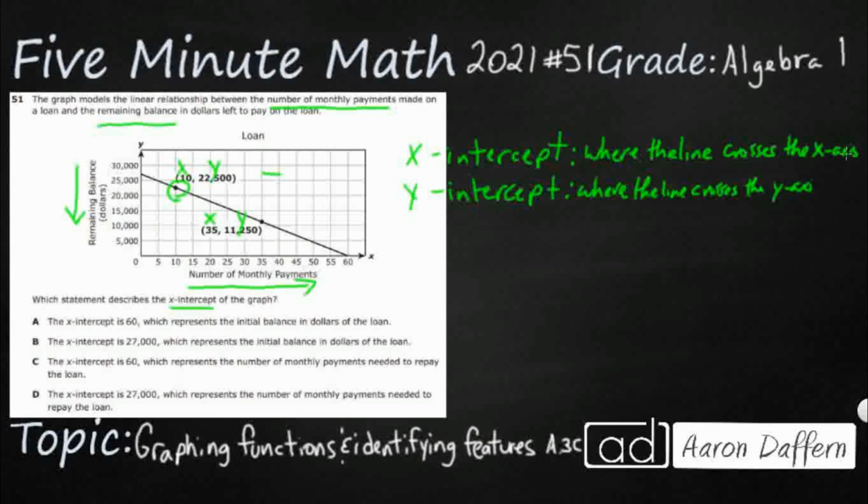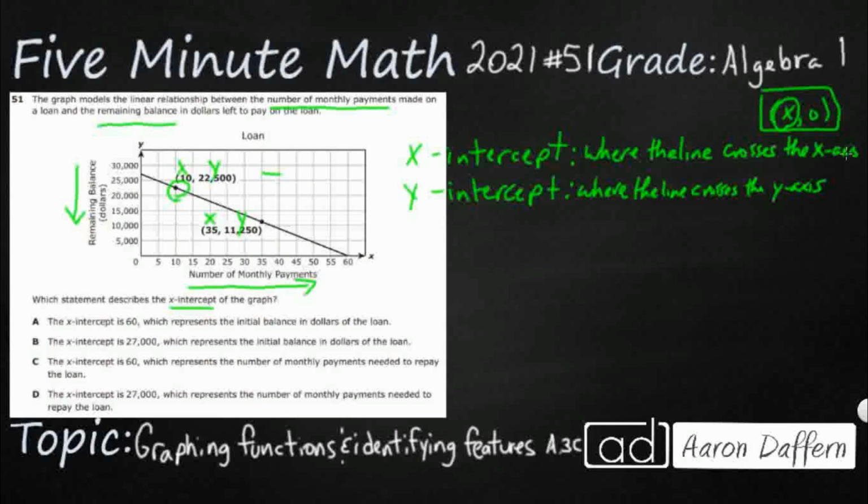Our x-intercept has a y value of 0, and the x value is wherever it crosses the x-axis. Typically, instead of using the entire coordinate pair, we just reference the x value since we know the y value is going to be 0.